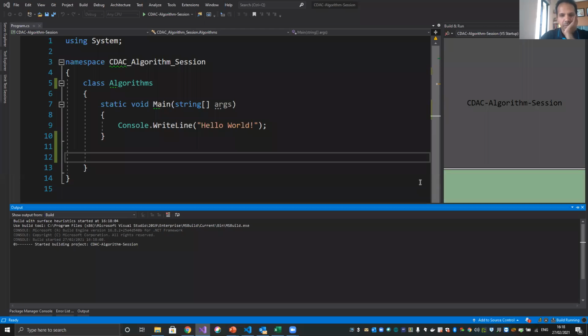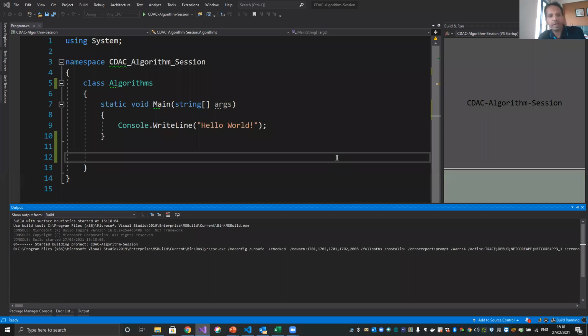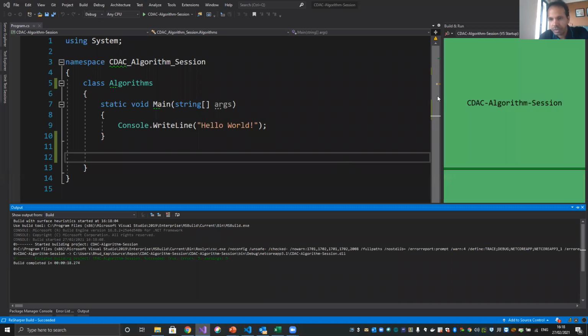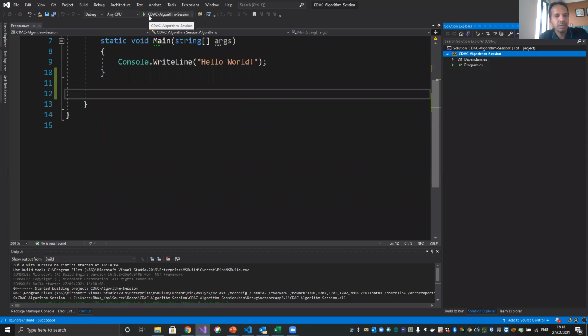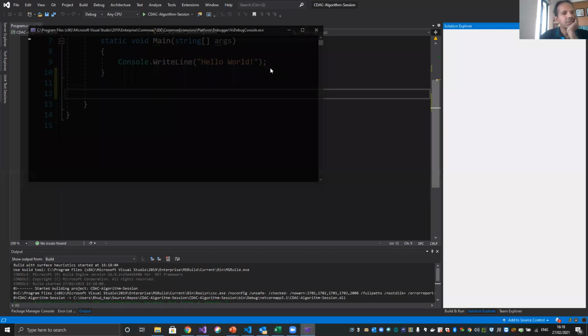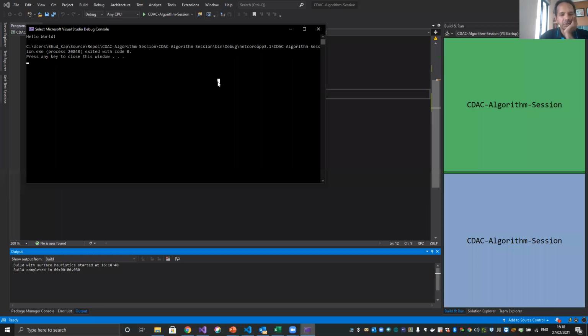It takes a bit of time at the beginning because it's restoring NuGet packages, just like in Java you would probably need some jar files. Build is completed. If we run it, it prints hello world. Perfect, so we're able to compile and run a .NET Core project. That's great.